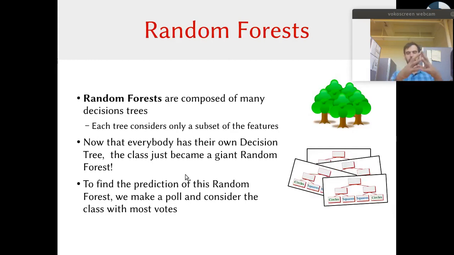In fact, what I have built in class with plenty of students, each trying to make their own tree on their own personal projection, is a random forest. A random forest is composed of many decision trees that are made completely independently.